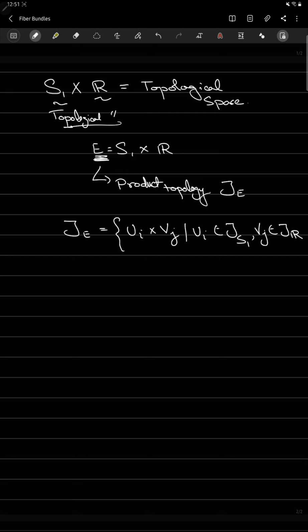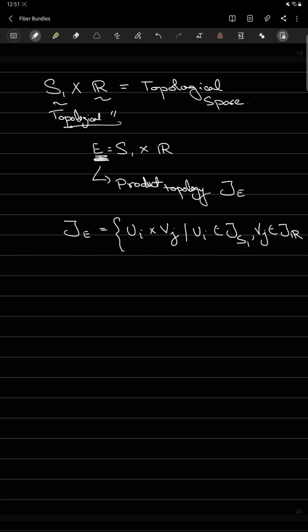Now, if this is defined for the set E as open sets for E, then you will have a topological space for E.